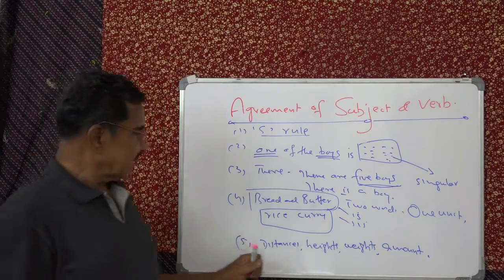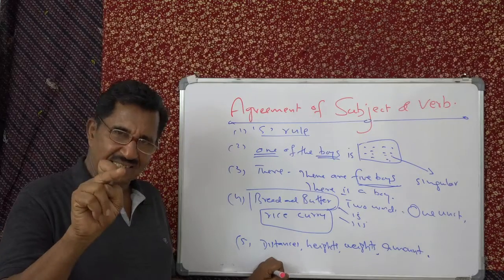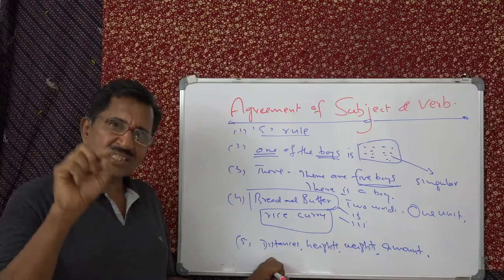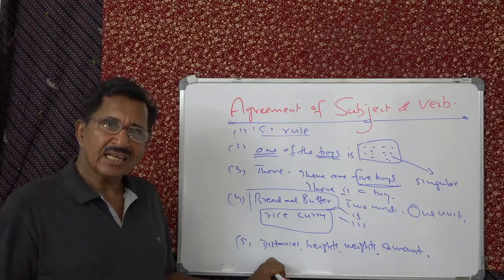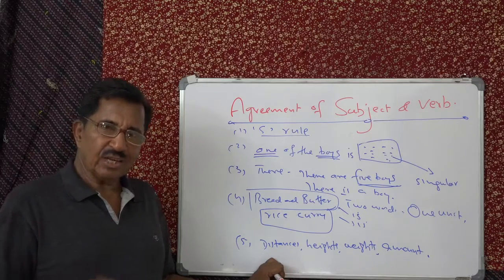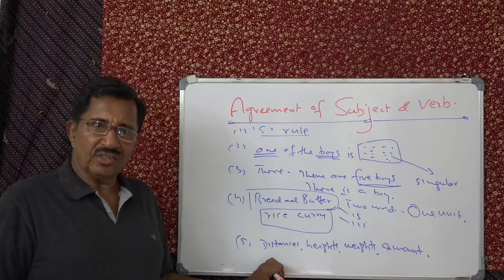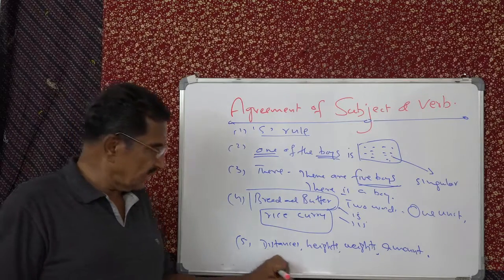For example, 10 miles is. 10 kilometers is not a long distance for us. 10 kilometers is. Don't say 10 kilometers are, because this is a distance.